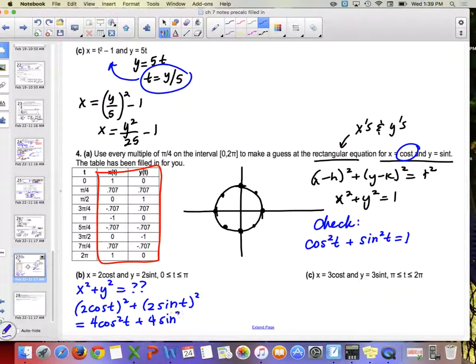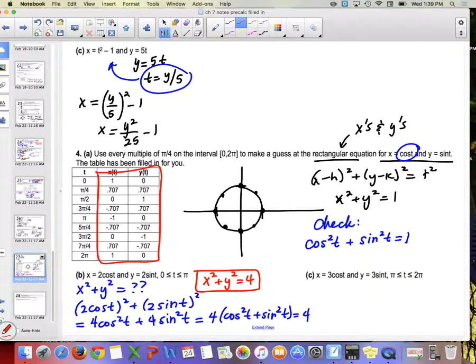What does that all equal? That equals 4 times (cosine squared plus sine squared), right? Which ends up just being 4. Do you guys see? So this equation then is the circle x squared plus y squared equals 4.